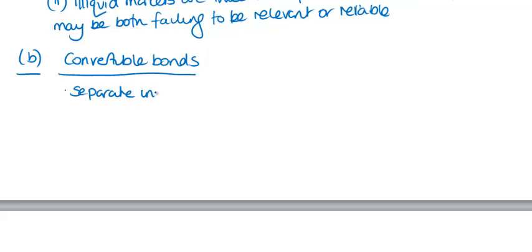We separate into debt and equity elements. And as is often the case with the examiner, there's a little twist to the question in the form of issue costs. But if you've just ignored the issue costs or just deducted them, you would have picked up something. Stick to the basics and pick up as many marks as you can.